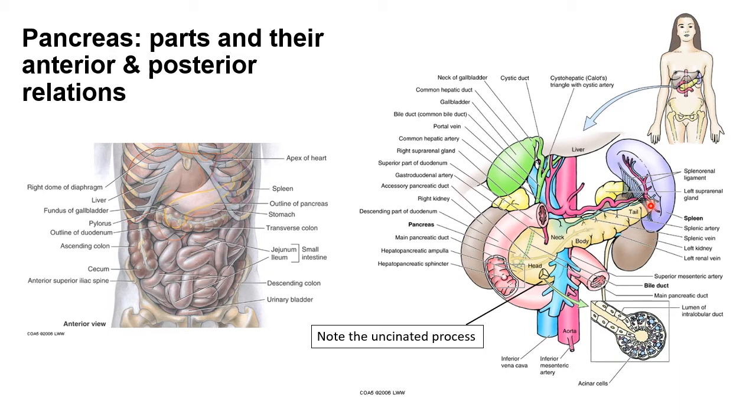So these are the most important relations of the parts of the pancreas. Now, anteriorly, the pancreas is posterior to the lesser sac, and the transverse mesocolon is also found anterior to the pancreas.